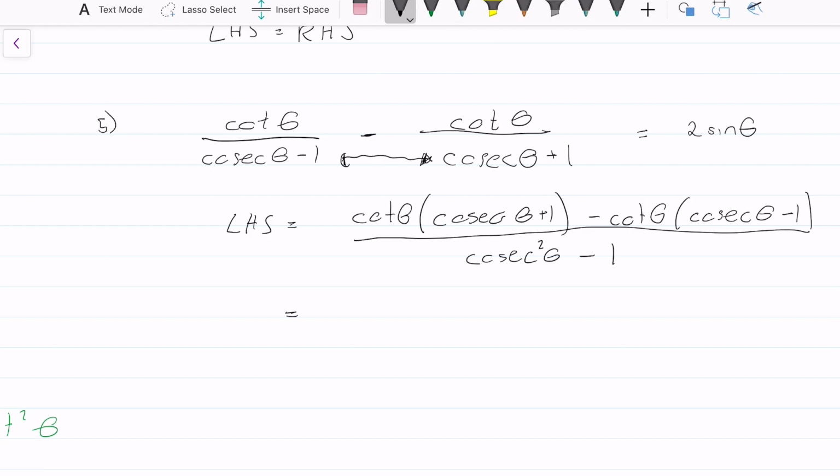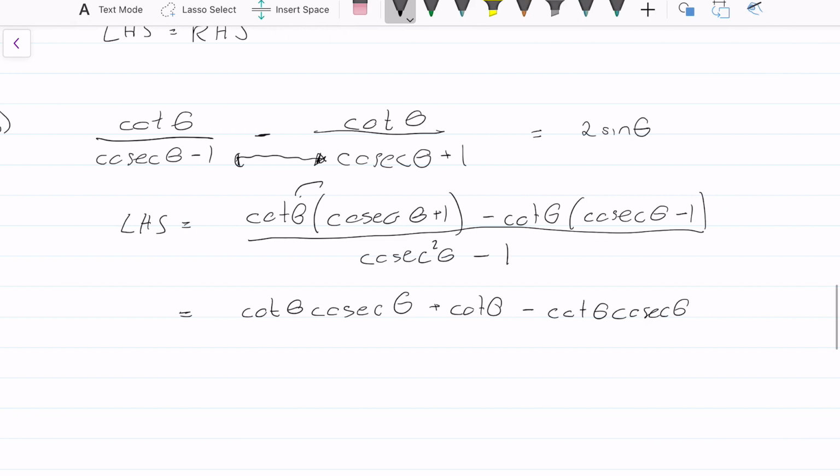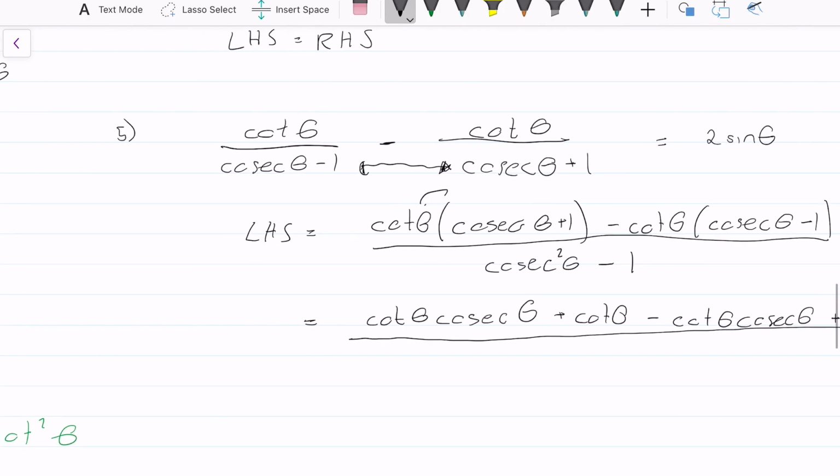Good stuff. So now I'm going to multiply the top in. So we have cot theta cosec theta plus cot theta minus cot theta cosec theta, and a minus minus gives us a plus cot theta, and that is all over cosec squared minus 1.